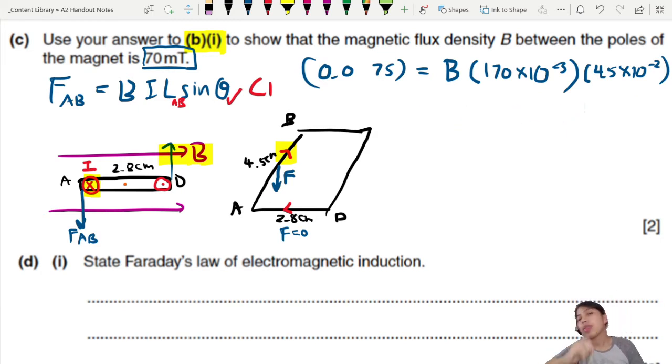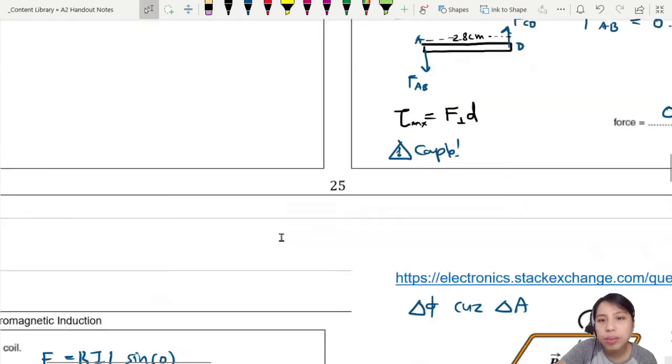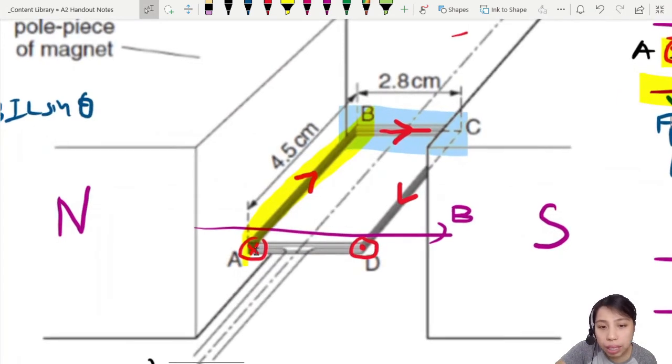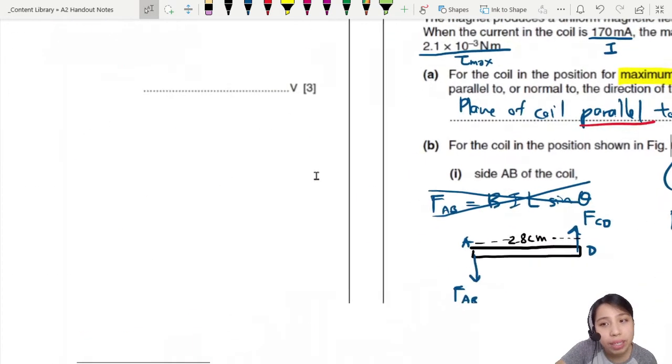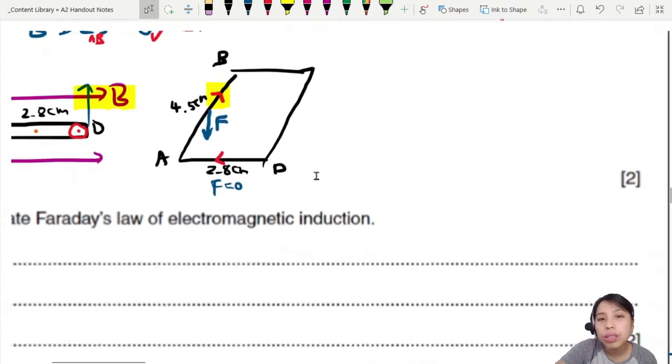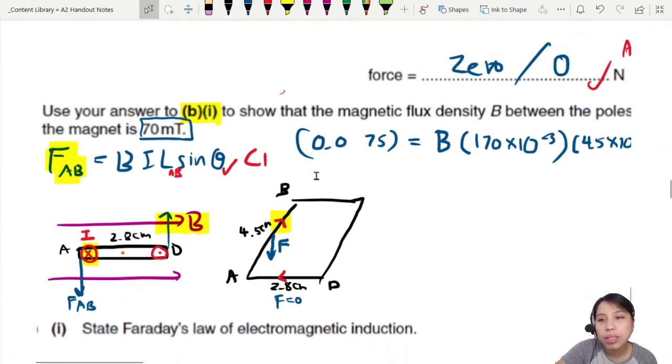Now you look at this, FAB, force on AB. That is the force on one single conductor inside this square loop. But if you look carefully at the diagram, there are actually many loops. Look, many coils. Why? Because there are n turns of coils. So it's not just one conductor, there are actually many conductors.